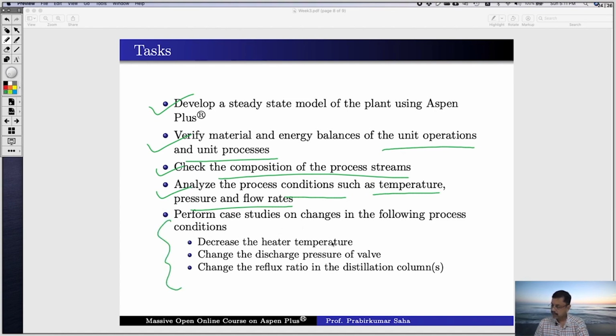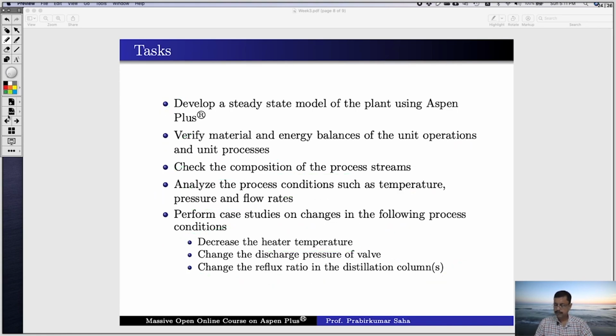First we will decrease the heater temperature and see what happens. Then we will change the discharge pressure of the valve, and also we will change the reflux ratio in the distillation column and see what happens in these three cases.